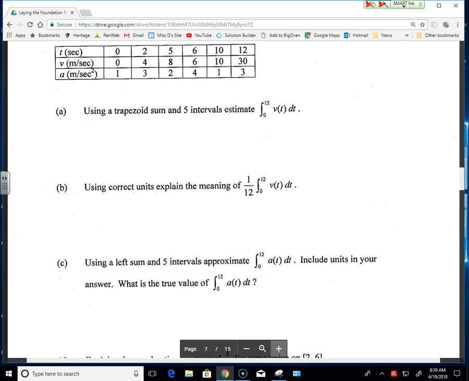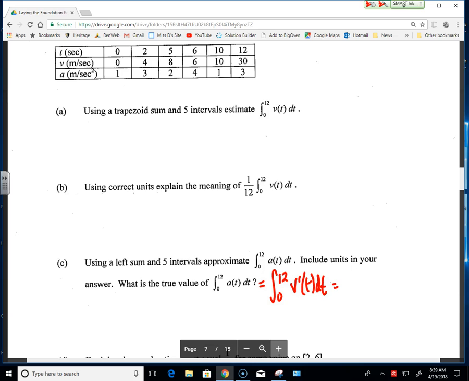Kiddos, just yesterday, didn't we talk about the fundamental theorem of calculus? Didn't it say, if you could just find the antiderivative, capital F of B minus capital F of A? But wait, to find the antiderivative, don't I have to think about, ooh, this guy is the derivative of somebody? Couldn't I rewrite this to be the integral from 0 to 12 of V prime?